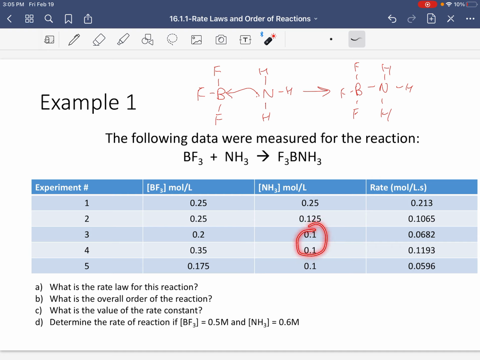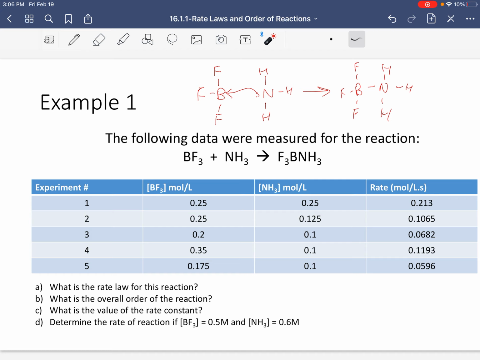Kept it constant. Changed BF3. Now, the numbers are not that great to look at this time because it's not like we chopped it by half. We actually increased it by 0.15 of the molarity. And we noticed that by increasing BF3, the rate increases. That's sick.